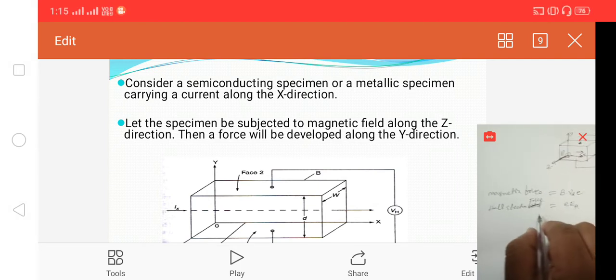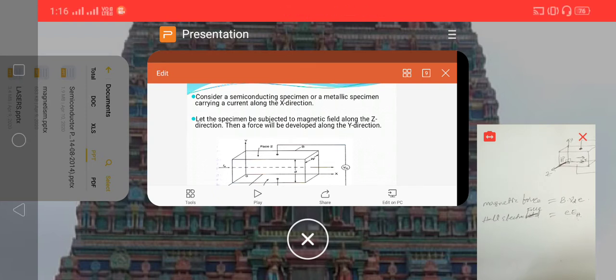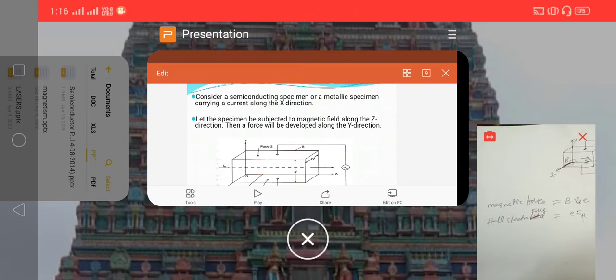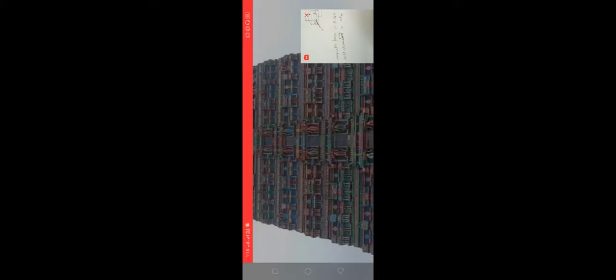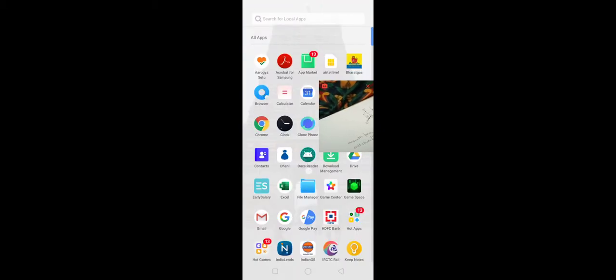And these two are equal and opposite in direction.